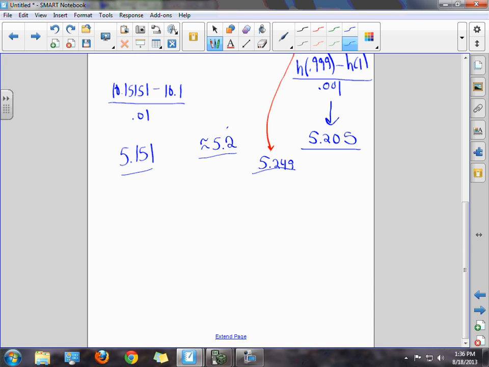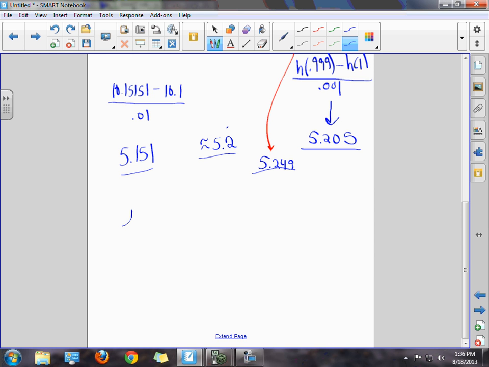So it's always important to look at both sides when you're approximating instantaneous velocity, instantaneous rate of change, because it could do something different from one side versus the other, and you really want to think about approaching from both sides.